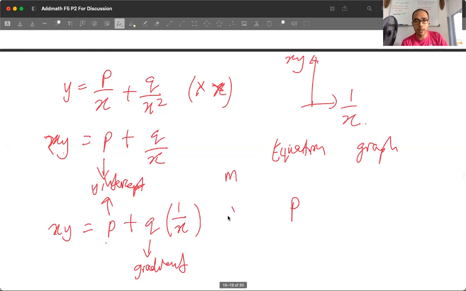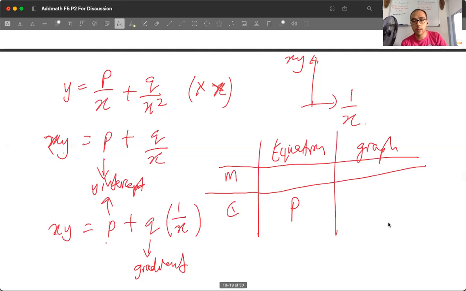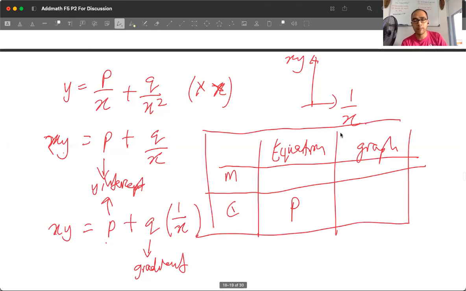This is the table that we use. Oh dear, look at my ugly table. So in the equation, c is P and the gradient is Q.